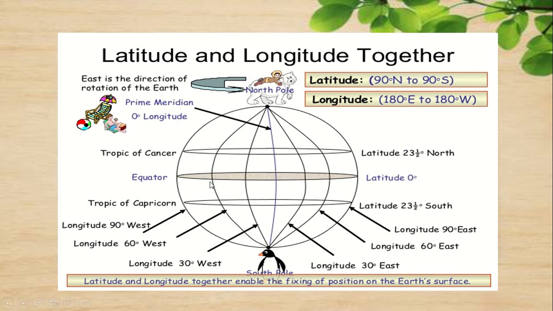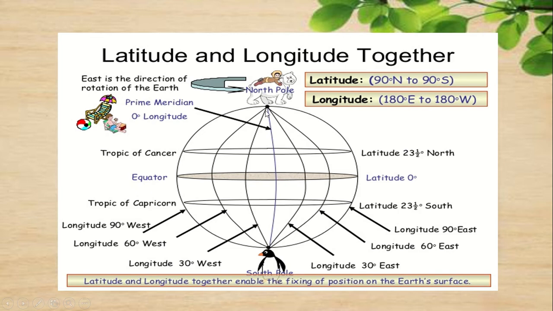The equator's latitude is denoted by 0 degree, and there are some important imaginary lines in the northern and southern hemispheres. Focus on the Tropic of Cancer, its latitude measurement 23.5 north, and the Tropic of Capricorn, in the southern hemisphere, its latitude 23.5 degree south. This is also well known to you.